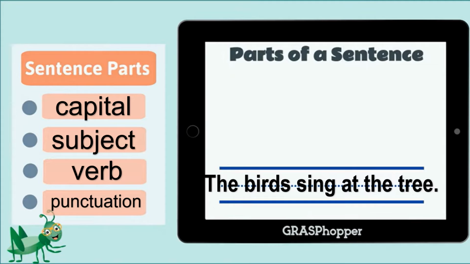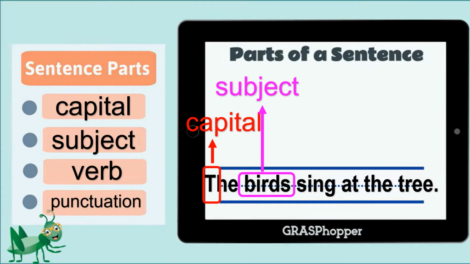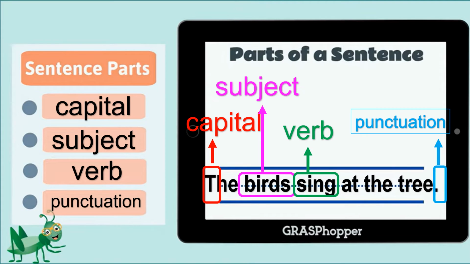In this example, the birds sing at the tree. The letter T in the word the starts with a capital letter, or the big letter. Birds, this is our subject. Sila yung pinag-uusapan. Sing is our verb. And our punctuation here is period.